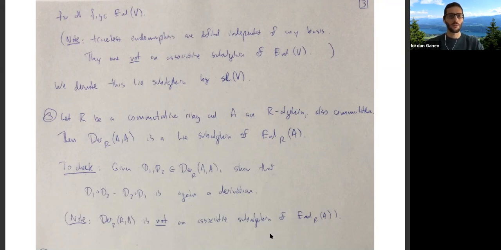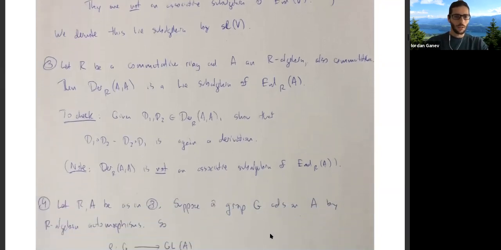The Lie algebras that we'll see later today and in this class will usually be coming in this way. We have some associative algebra with the stupid Lie algebra structure just given by the commutator. And then inside of there, we'll identify some subspace that's not an associative subalgebra, but it is a Lie subalgebra with the commutator.